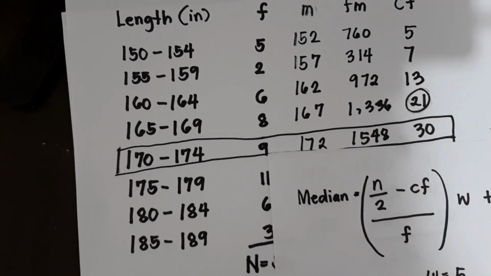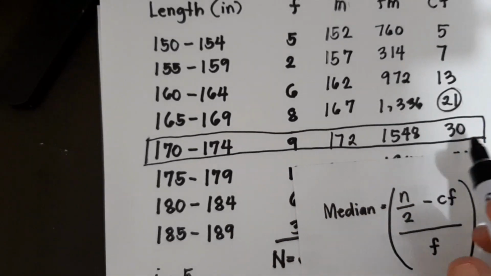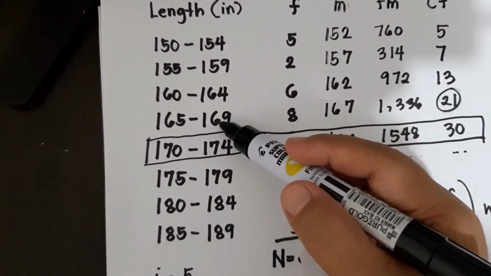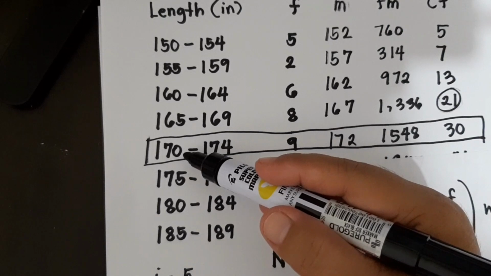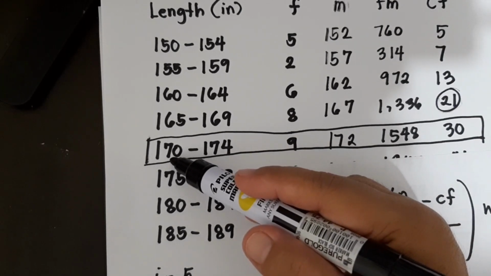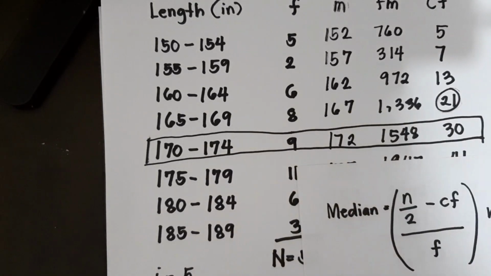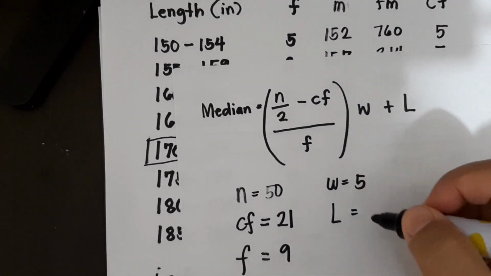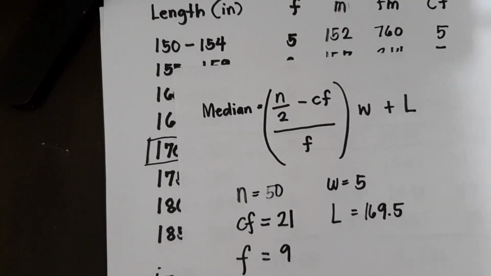Ito yung median class natin, 'di ba? So 170 to 174. So pwedeng 169 plus 170 divided by 2, that would be 169.5. Or you will just subtract 0.5 sa mas mababang number. So we have 170 minus 0.5, that would be 169.5.